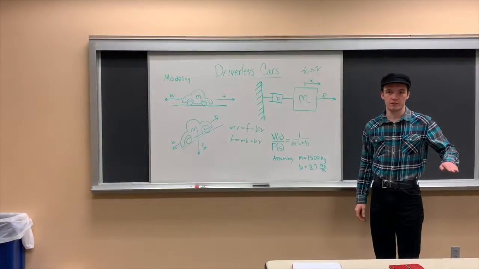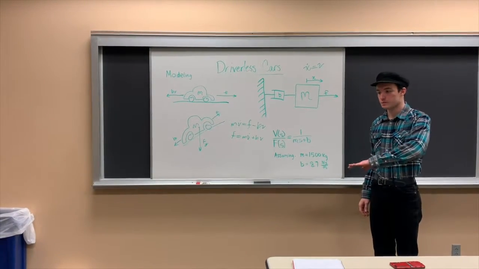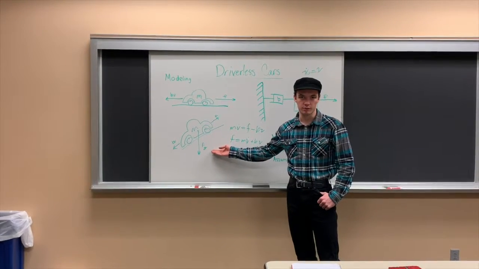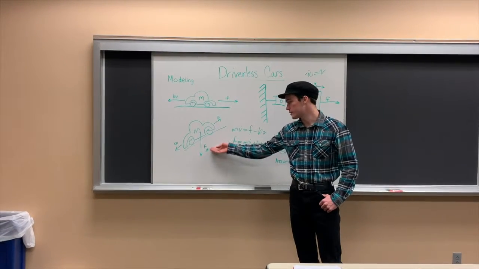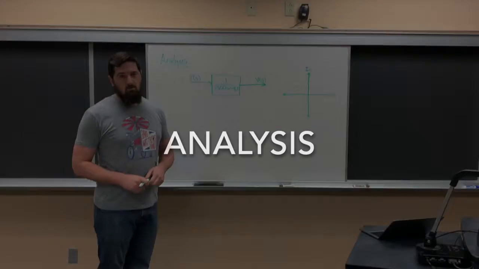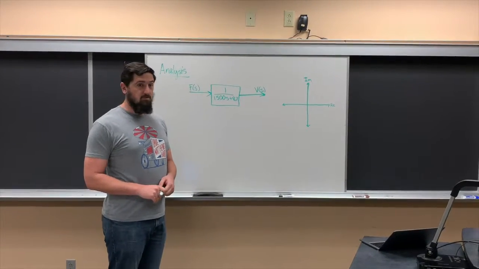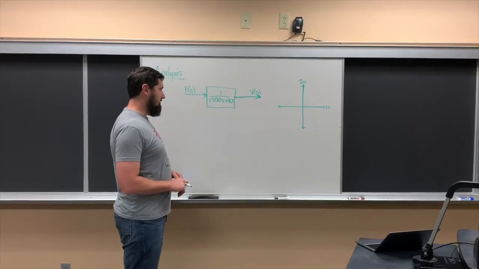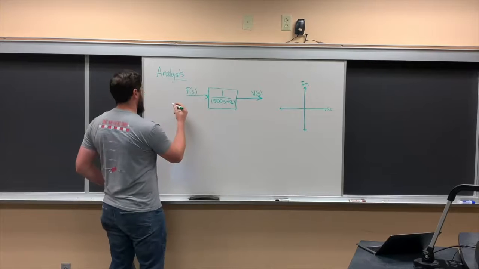Cars don't drive just on flat road surfaces, sometimes there are inclines. We also wanted to focus on disturbances from inclines, which is represented in this model here. Based on our transfer function, we can find the pole in the imaginary plane by pulling out the 1500.